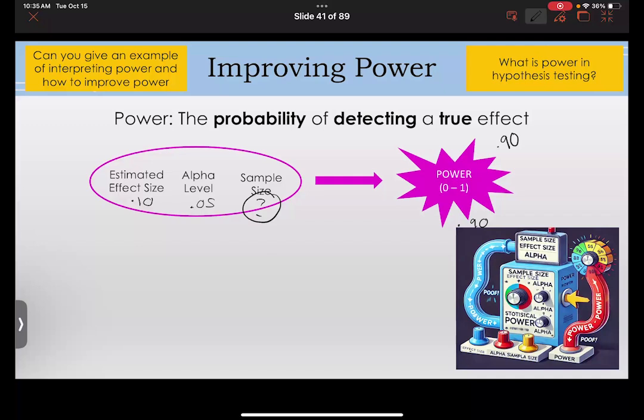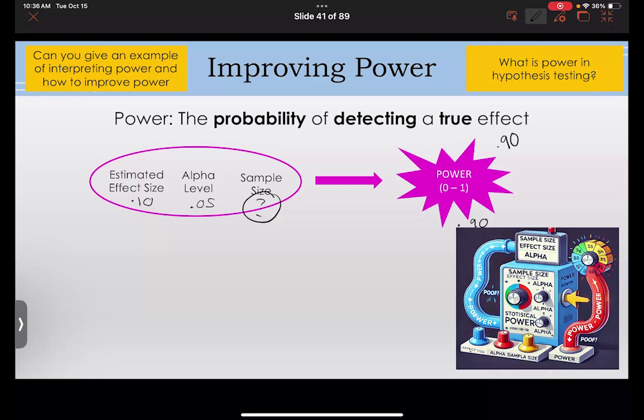I figure there's some sort of relationship. I had asked a similar question to this last week, but I don't know how relevant it is right now. Is there a relationship between power and confidence intervals, effect size? The only relationship between power and confidence intervals, I'll answer it very abstractly.